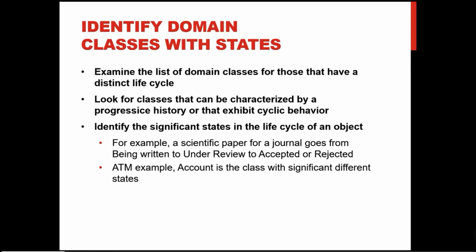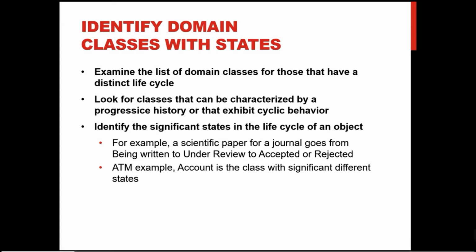So we should first examine the list of domain classes for those that have a distinct life cycle, and we look for classes that can be characterized by a progressive history or that exhibit cyclic behavior.